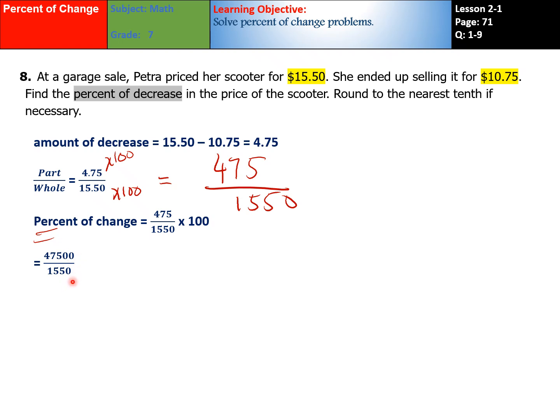Cancel the 0 with 0, divide by 5, or keep dividing by 10 or 5, whatever number suits you, or directly you can keep 4750 over 155, because here you can cancel 10 with 10. Whatever method is easy for you, you can use that to simplify it. Your answer will be 30.6. So the amount of percent decrease is 30.6%.